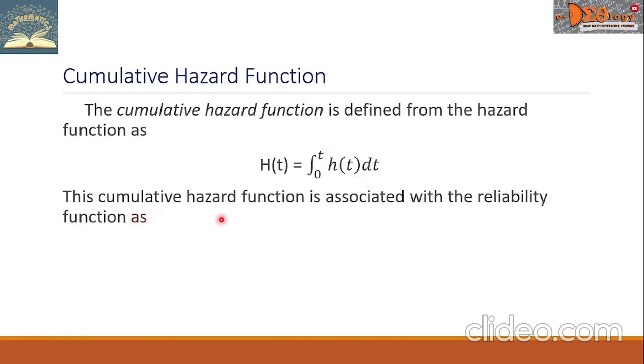This cumulative hazard function is associated with the reliability function as R of t is equal to exponential of negative capital H of t, or capital H of t is equal to the negative ln of capital R of t.